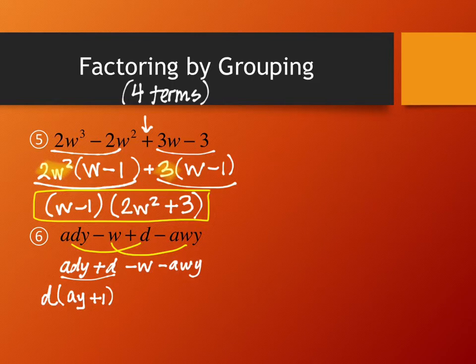On the next one, what do they have in common? Yeah, a negative W. And be a little careful when you do that because you need to take the negative out of both of the pieces. So this ends up being a positive in the middle. And then AY.